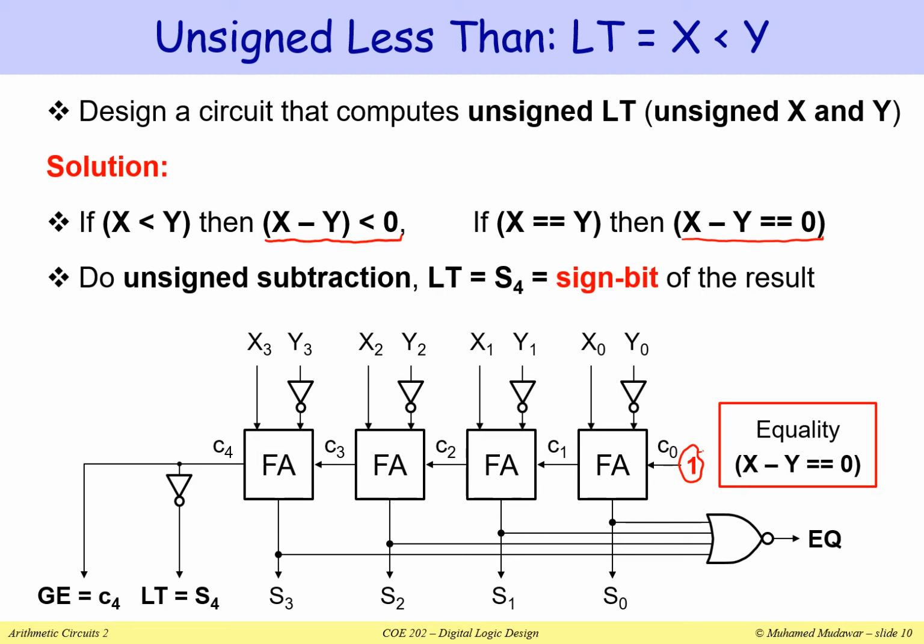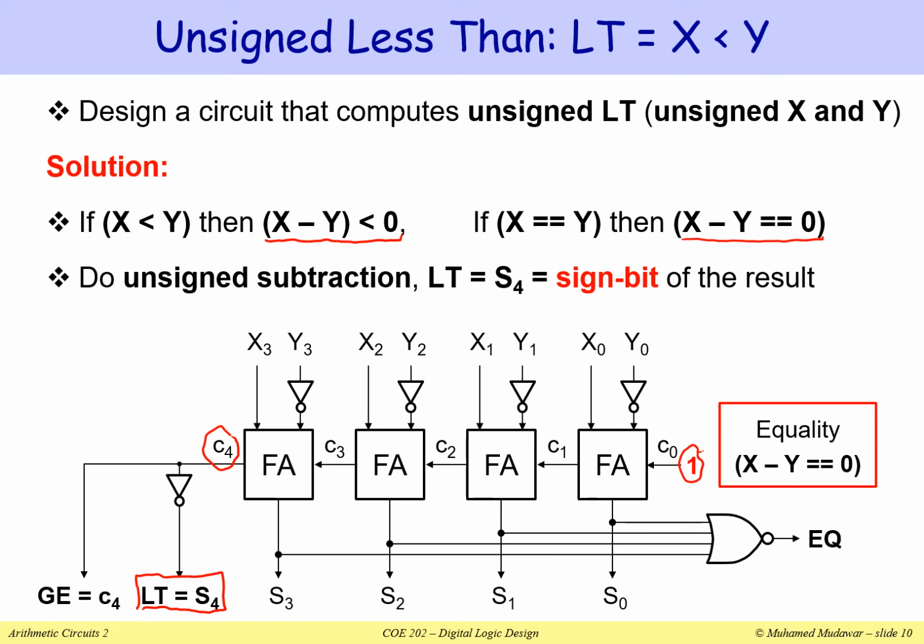And notice that we are looking at the sign bit. The sign bit here, S4, is just the complement of C4. Here, the most significant bit of the sum, so of S, where S is equal to x minus y, indicates the sign of x minus y.